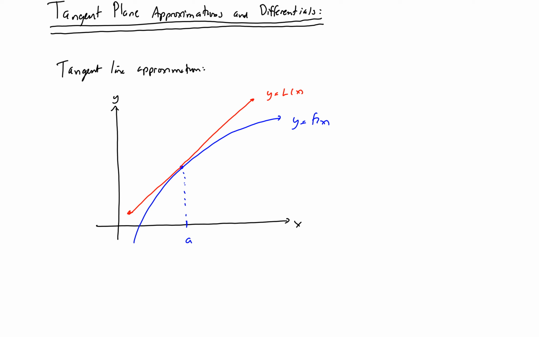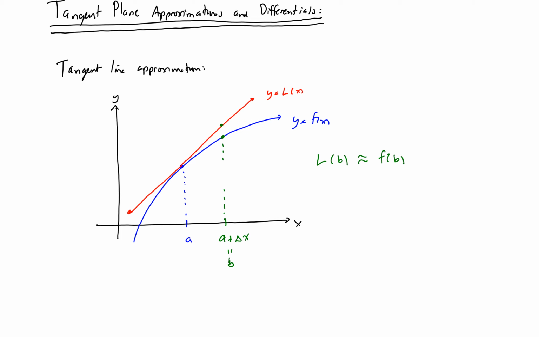And then recall if I pick some other point nearby to A, let's say A plus delta x, or we could call this B even, if we go up here, we probably don't know what f of B is, but we know what L of B is. So we can say L of B is approximately the same thing as f of B. And the L of B we can actually evaluate.